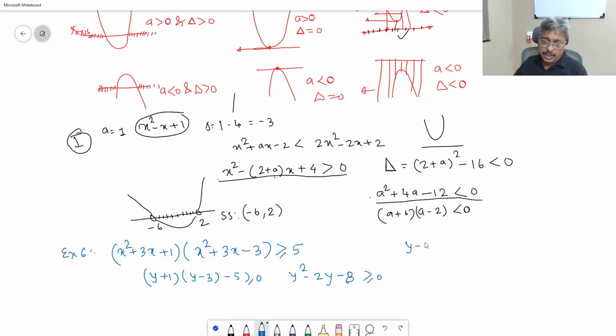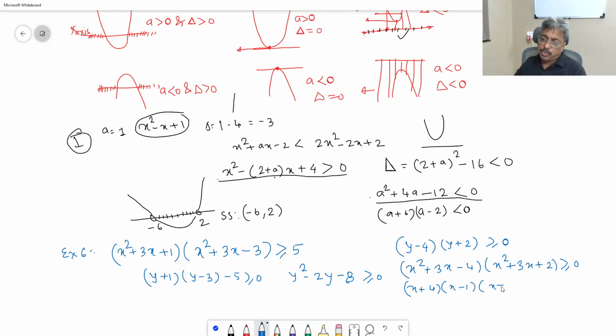So (y minus 4)(y plus 2) should be greater than or equal to 0. x square plus 3x minus 4, x square plus 3x plus 2 should be greater than or equal to 0. So (x plus 4)(x minus 1)(x plus 1)(x plus 2) should be greater than or equal to 0.